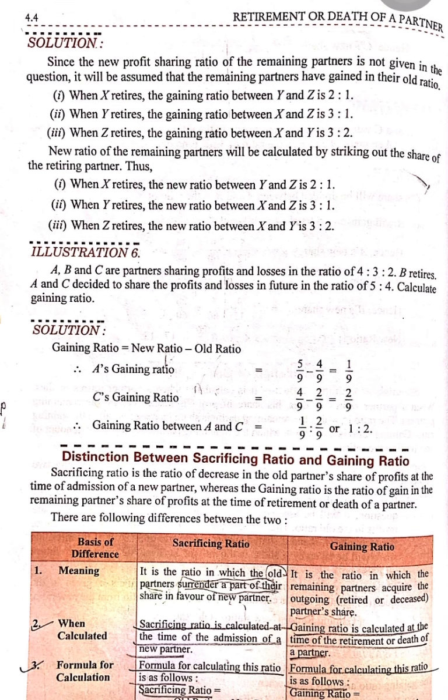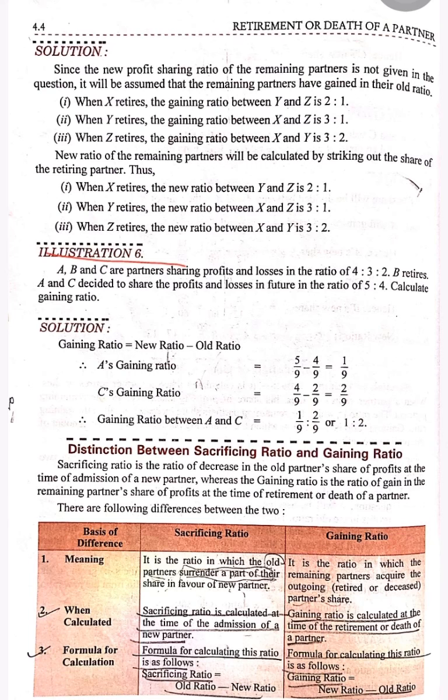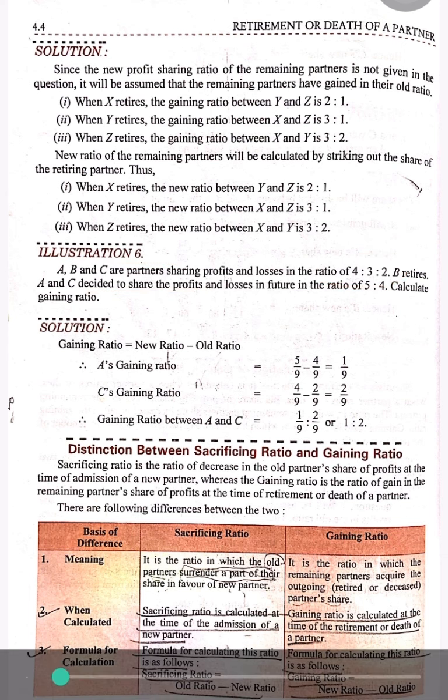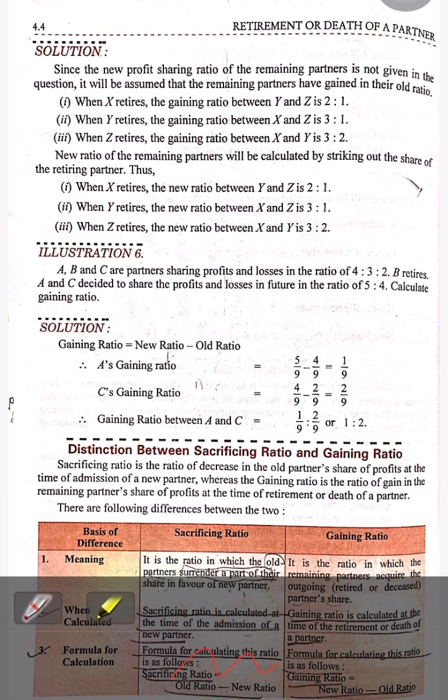But if further information is given, as in illustration number 6, where A, B, C are partners sharing profit and loss in the ratio of 3:4:2, and their new ratio will be 5:4, then we have to calculate the gaining ratio.